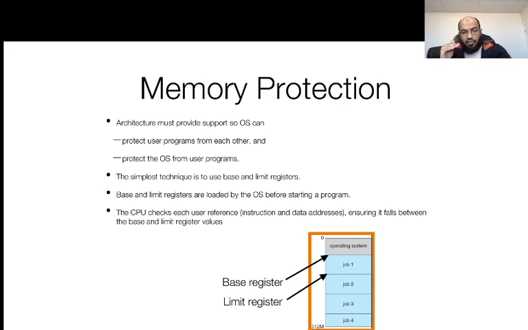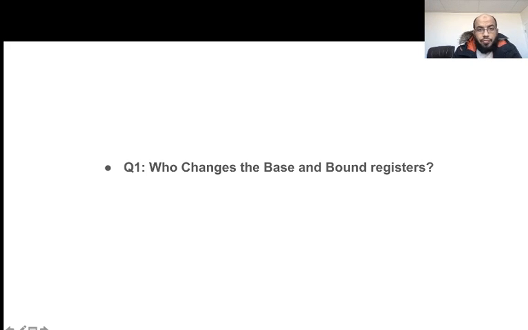Each application running in memory will have a base register and a limit register, which basically tells the operating system and the hardware that this application is only allowed to operate within this region of memory. It's not allowed to, for example, do anything in this region of memory. And the CPU checks each user reference to memory if it's within this region or if it's trying to access something else. So who changes the base and bound registers?